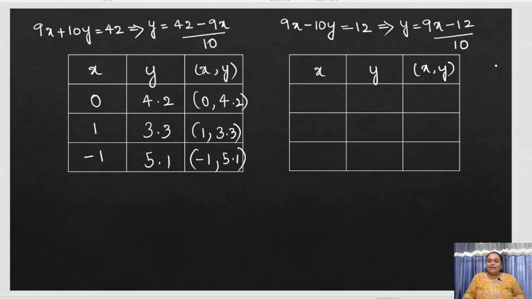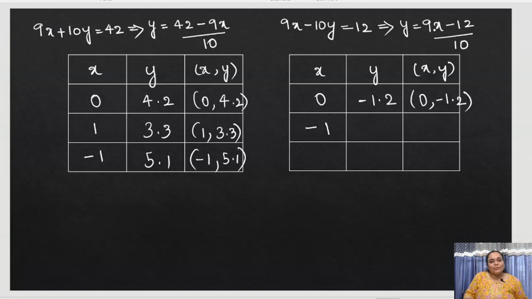Okay. Now let us do for the next equation. Put x is equals to 0. This will be minus 12 by 10. So you will get minus 1.2. Okay. So the points will be 0 and minus 1.2. Now let us put x is equals to minus 1.